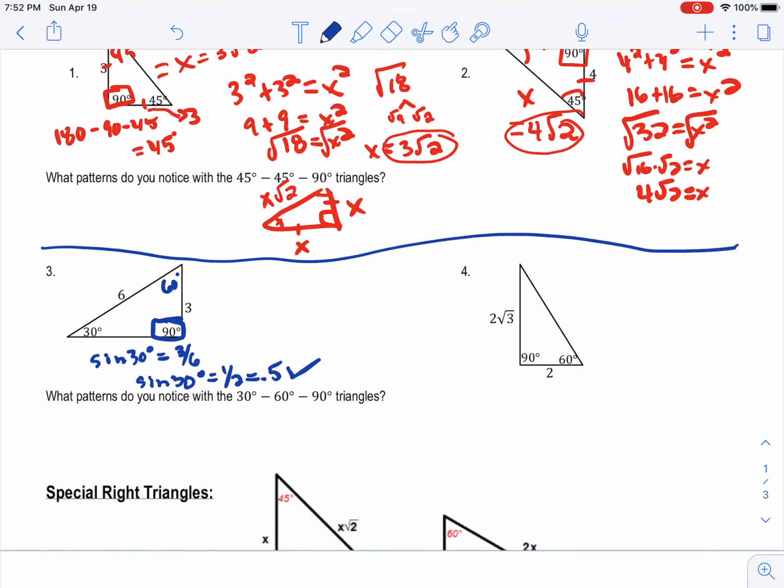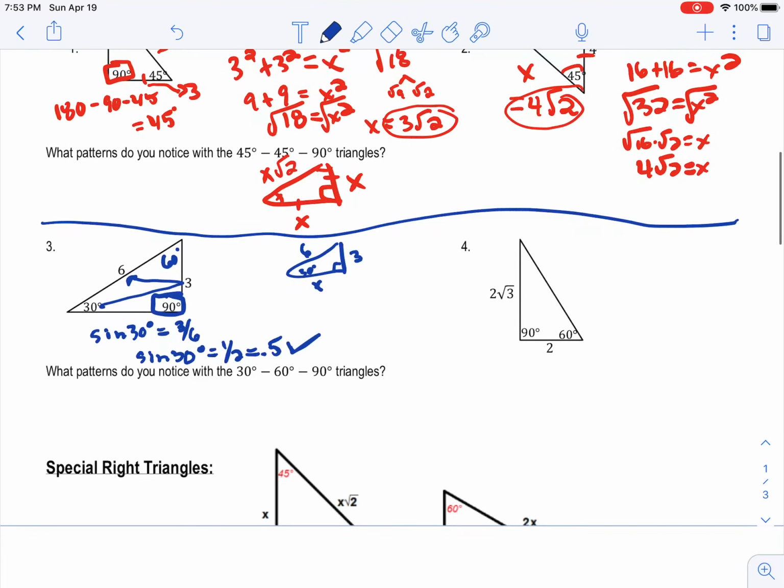Okay, but we want to do Pythagorean theorem and figure out these relationships. So we can tell that that's 30 degrees, opposite is 3, hypotenuse is 6, sine of 30 degrees is 1/2. What does that mean? Let's look at our triangle again without all that stuff on there. So across from our 30 is 3, our hypotenuse 6, and we need to find this side.